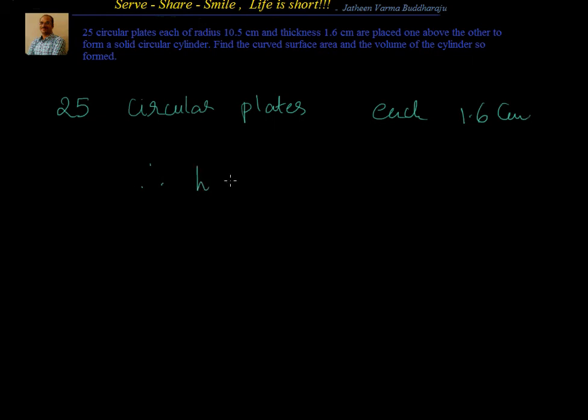Therefore, what will be the height of the cylinder? Height equal to 25 into 1.6, that's equal to 40 centimeter. Now we know height. Now what about the radius? We know radius is equal to 10.5 centimeter. So the radius of the circle and the radius of the cylinder will be the same. We are very clear with that.